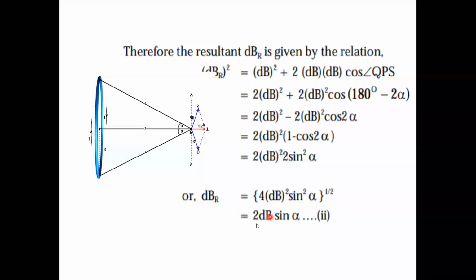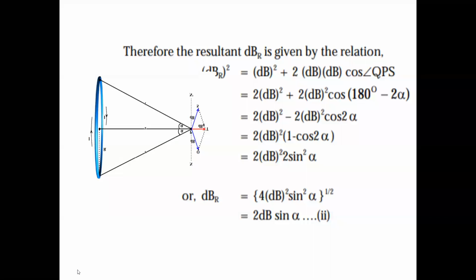So 4 power 1 by 2 is 2, and dB whole square sine square alpha becomes dB sine alpha. So this is the expression for dBr, equal to 2 dB sine alpha.